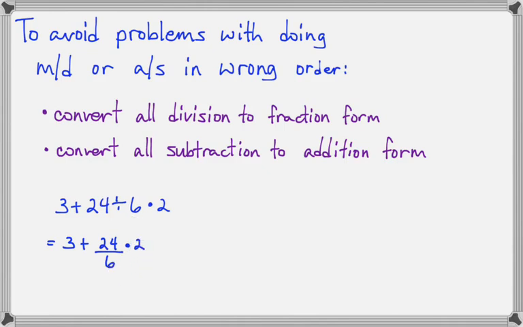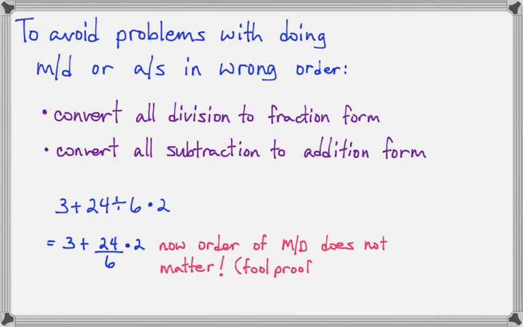Because see, the mistake everybody makes here is that everybody wants to underline the 6 and the 2 first and do the multiplication first. But I think if you look at it in fraction form, you will not be tempted to multiply 6 times 2 because the 6 is in the denominator. So now, simplify. 24 divided by 6 is 4. And that 4 times 2 is going to make 8.